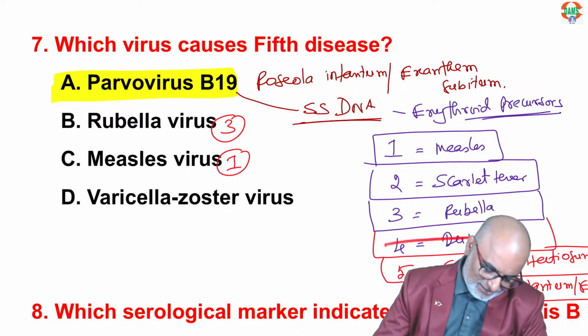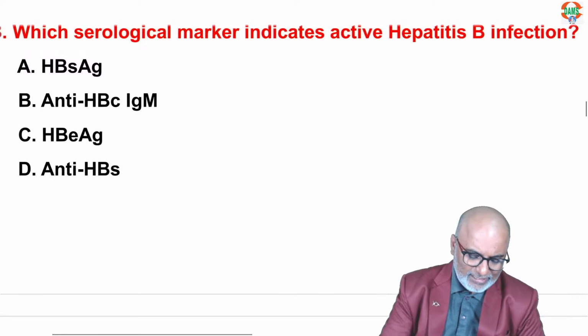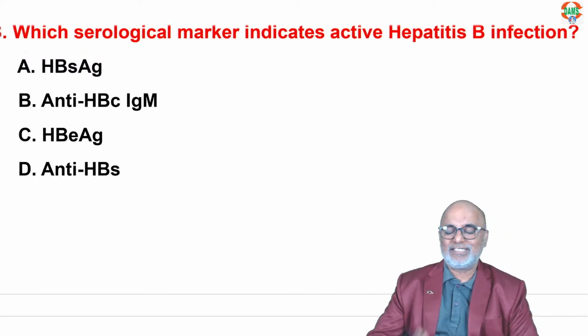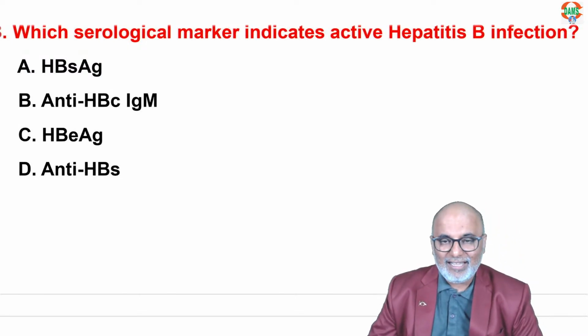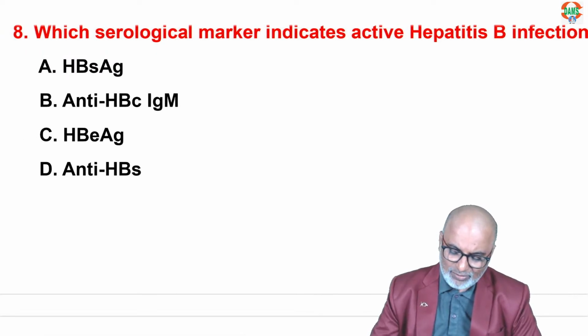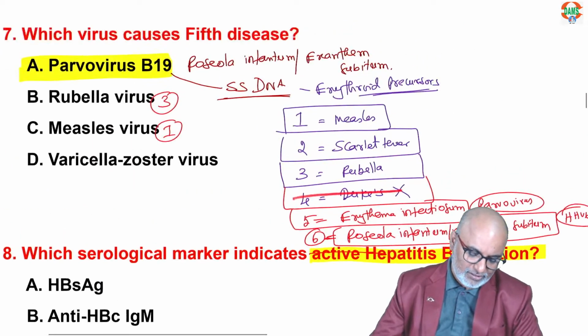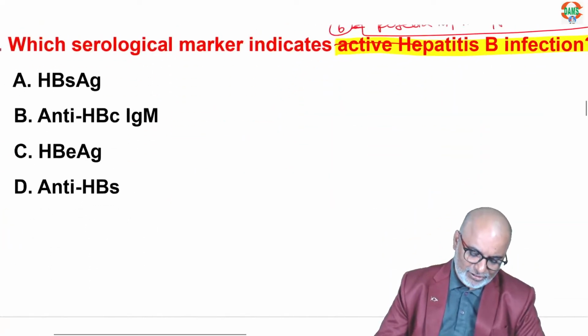Next, you may always have a question on hepatitis B in your university exam, viva, as well as in your MCQs. Which serological marker indicates active hepatitis B infection?